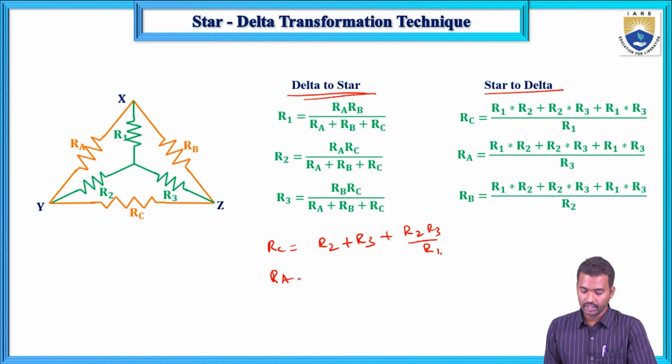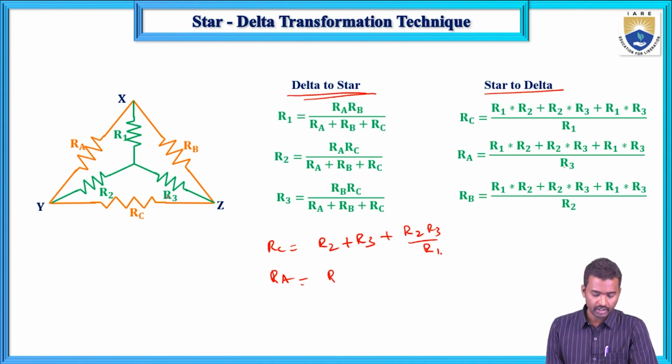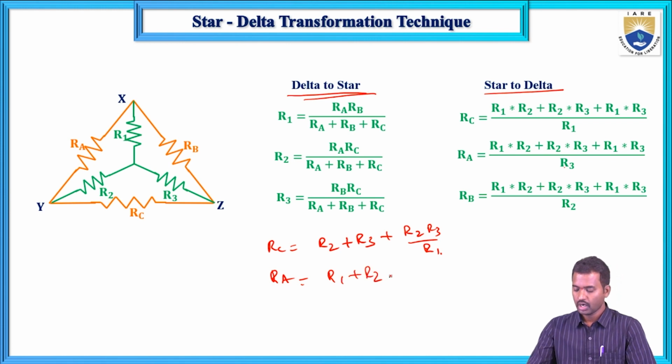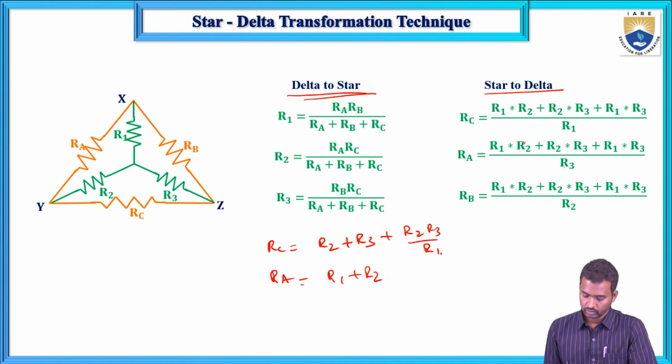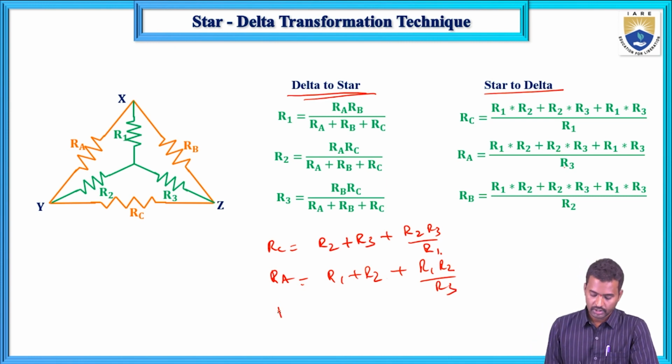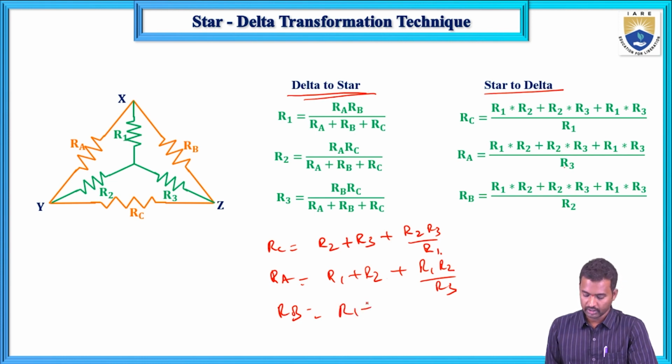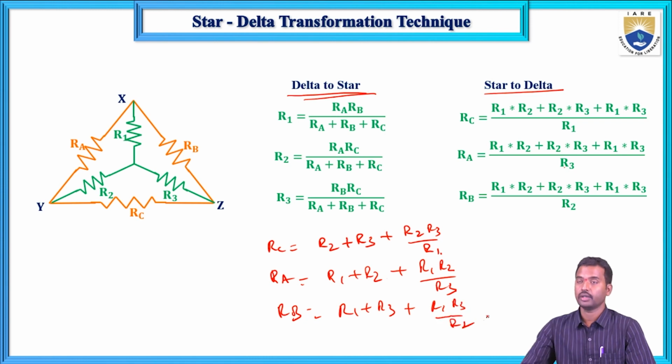Next, RA equals R1 plus R2 plus R1 into R2 divided by R3. Next, RB equals R1 plus R3 plus R1 R3 divided by R2.